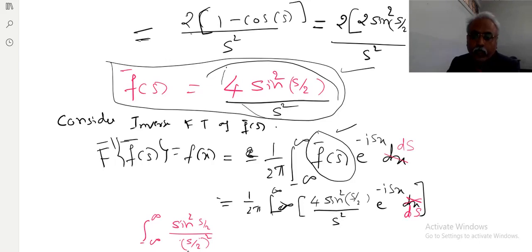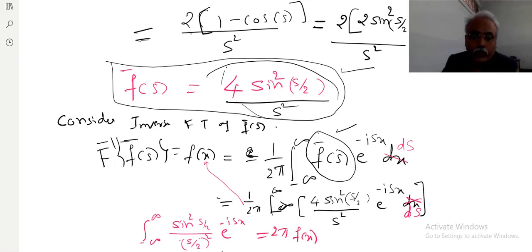So this 4 is adjusted like this, s square remains as it is, and here I'll write e raised to minus isx as it is. But this 2 pi transfers to f of x, 2 pi into f of x.